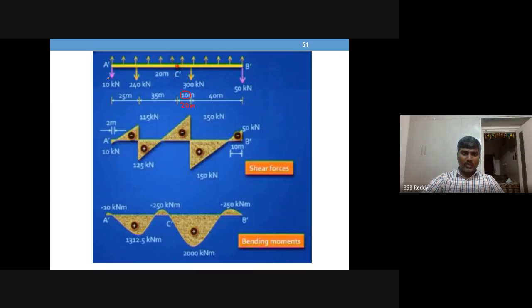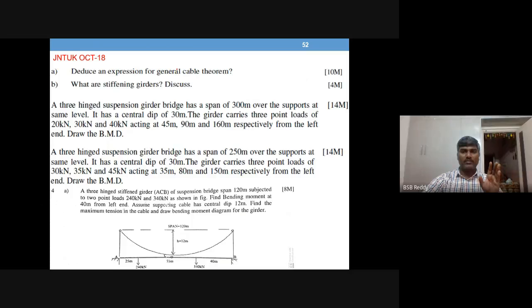So there are three unknowns: Q naught, VA dash, VB dash. You need three equations. So what are those three equations? Sigma M at A dash or B dash equal to 0 is one equation.